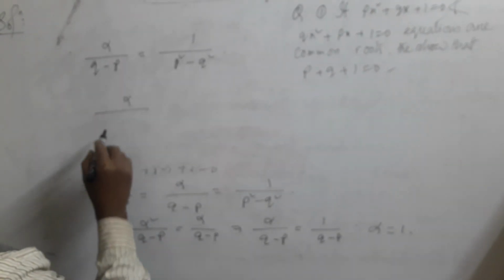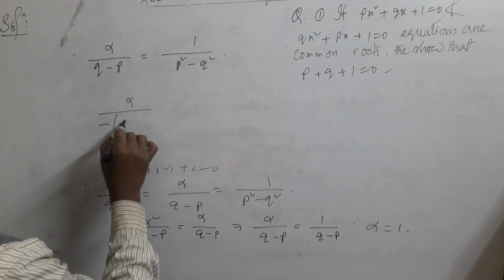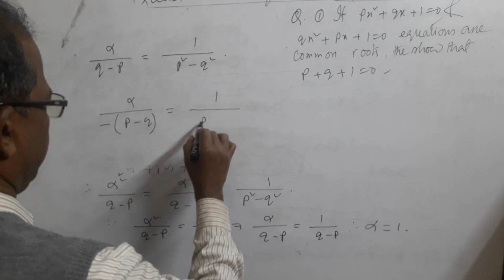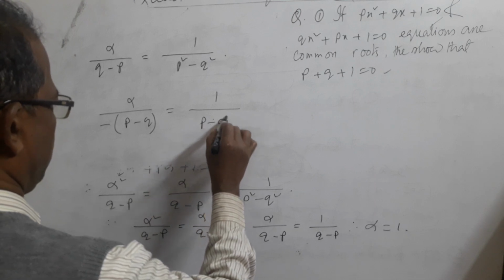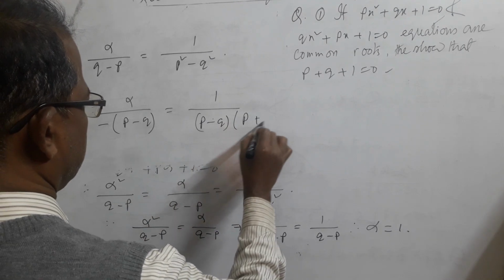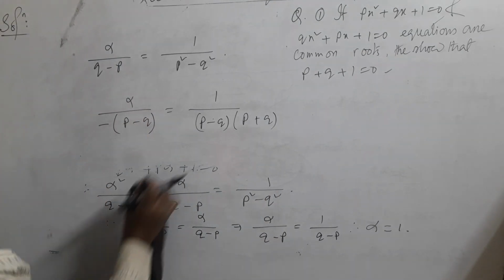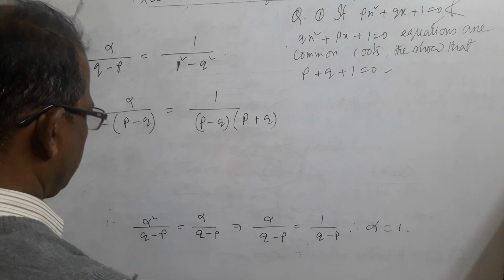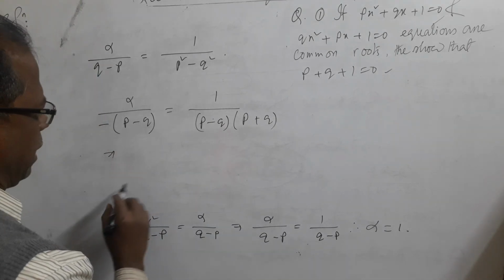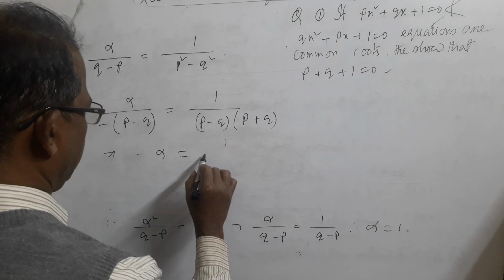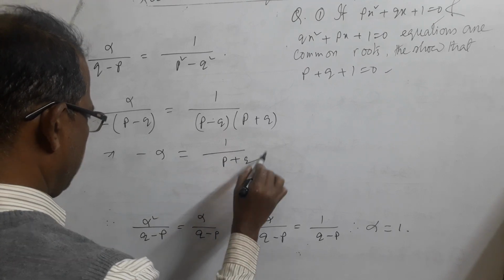Alpha divided by minus p minus q equal to 1 divided by p minus q into p plus q. So that implies minus alpha equal to 1 by p plus q.